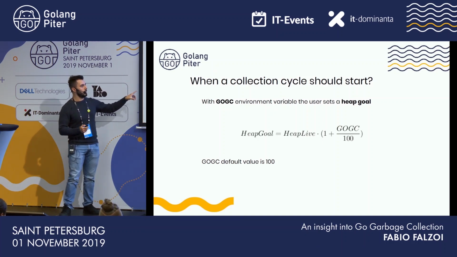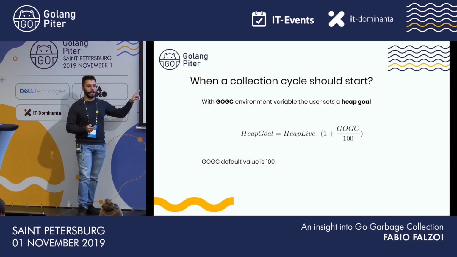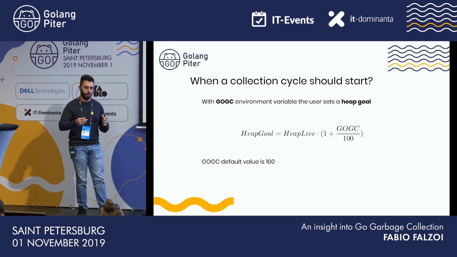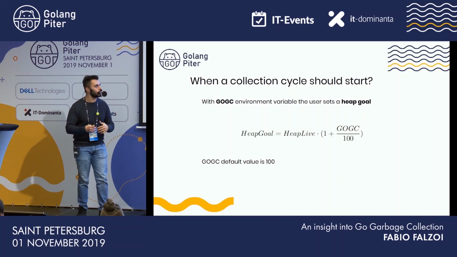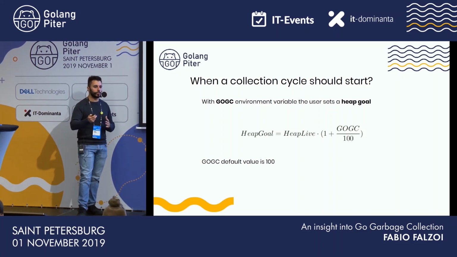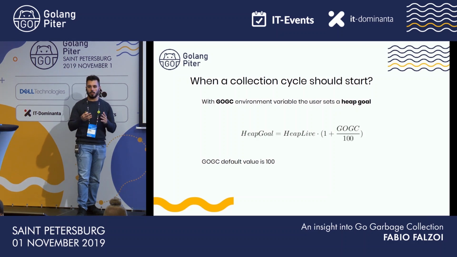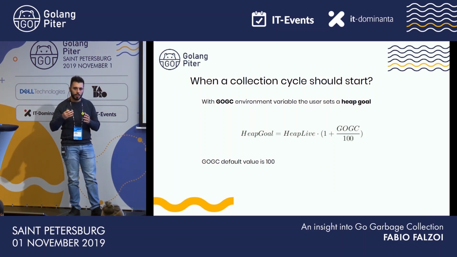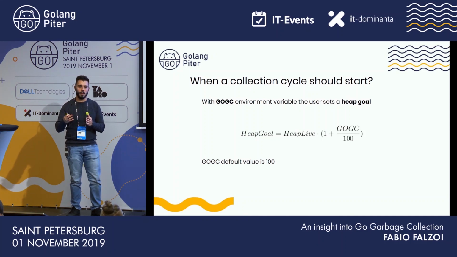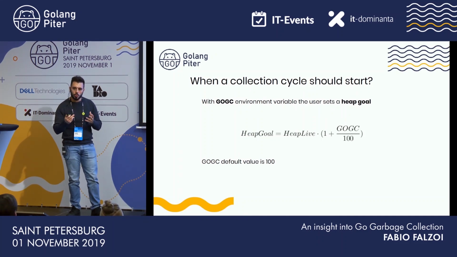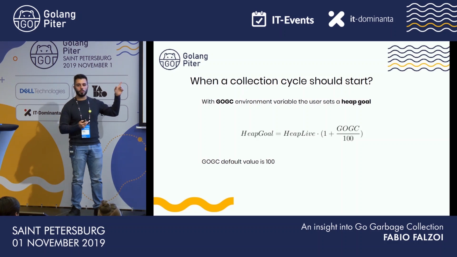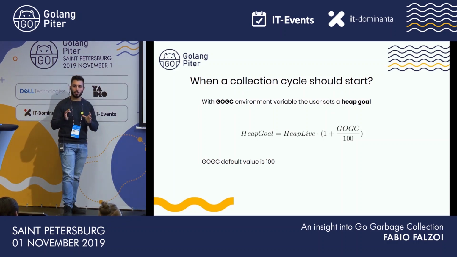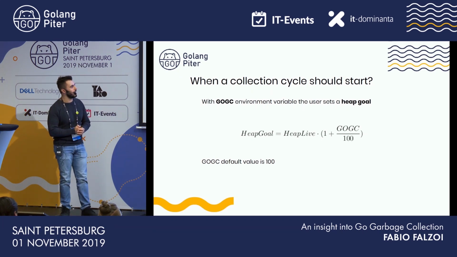By default, GOGC is 100, and this means that starting from the size of the heap that is live at the end of the current collection, the goal for the next collection is set to double that size. So the next collection will start so that the end of the marking phase will produce a heap size equal to the goal. This can sound quite complicated, but I will explain that in the next few slides.